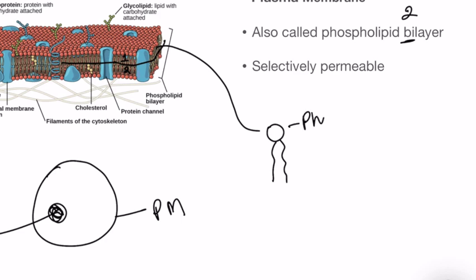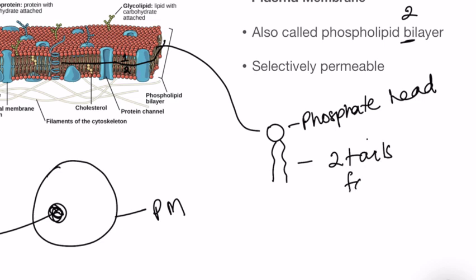This has a phosphate group attached, the head does. So it has a phosphate head, and these tails are two tails of fatty acids, in other words, lipids. So that's where the word phospholipid comes from, the head having a phosphate group and the tails being lipid, phospholipid.